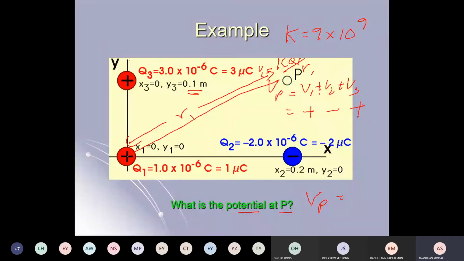So for V2, you put KQ2 over R2, where R2 should be the vertical height, 0.1. For V3, R3 should be the horizontal distance, the x2, 0.2. So this is how it should be calculated.